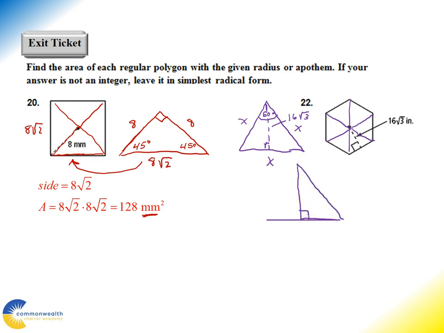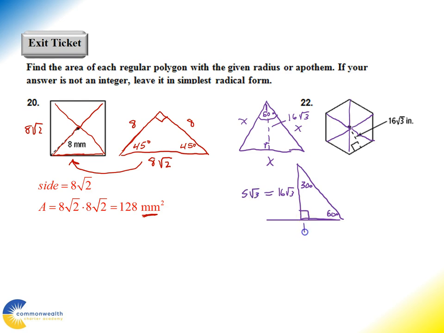Focusing on this one here, this is 16 square root 3. This angle down here would be 60, because it's actually an equilateral triangle at that point, and I'm dealing with a 30, 60, 90 triangle. With the 30, 60, 90 triangle, I know that the side opposite the 60-degree angle is the shortest side times the square root of 3.